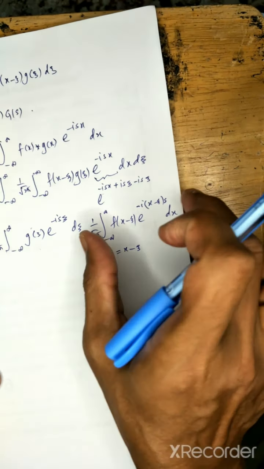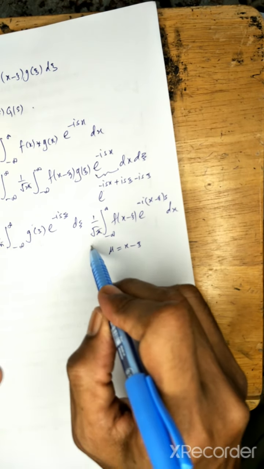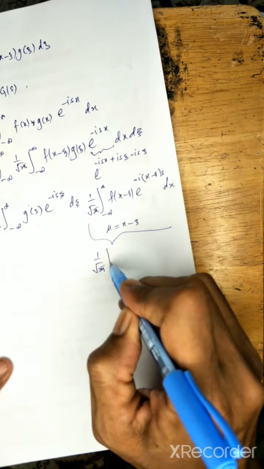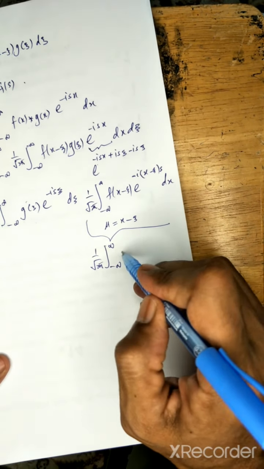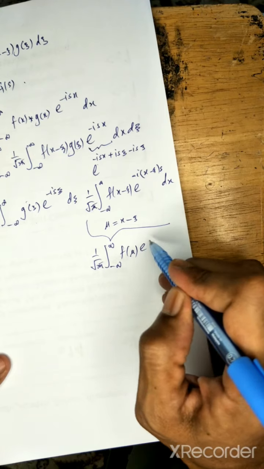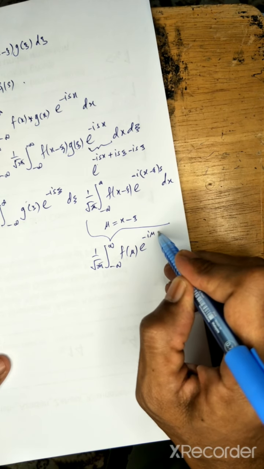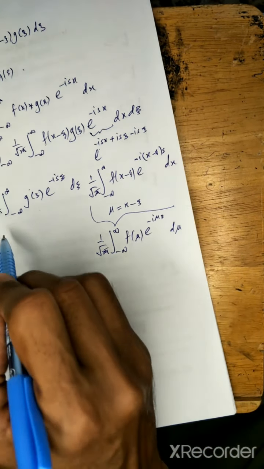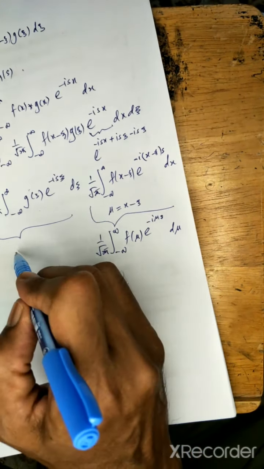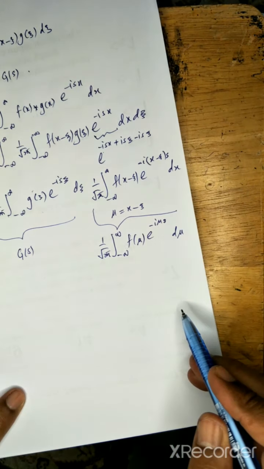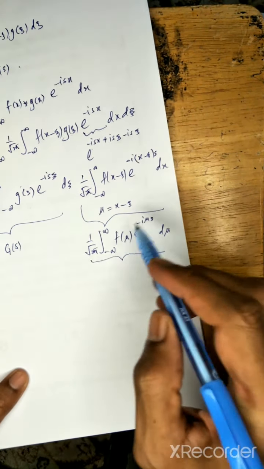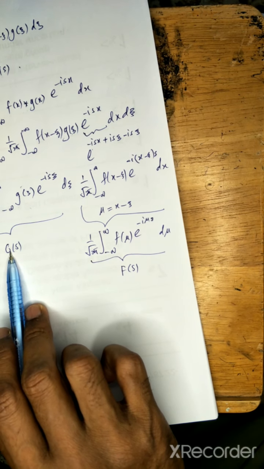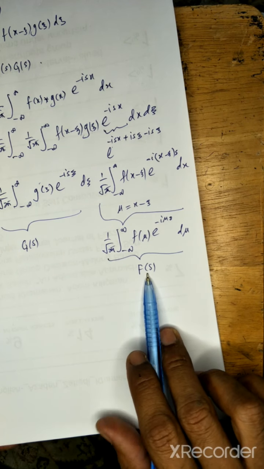So what you can see from there is that this part is just 1 over square root of 2 pi, integral from minus infinity to infinity of f(nu) e to the minus i nu s d nu. So this part here gives you g(s), and this part here gives you f(s), meaning this is the Fourier transform for g, and this is the Fourier transform for f.